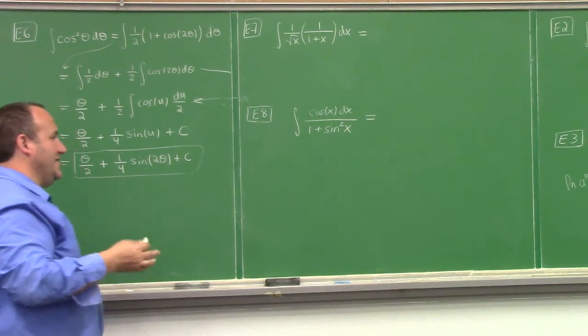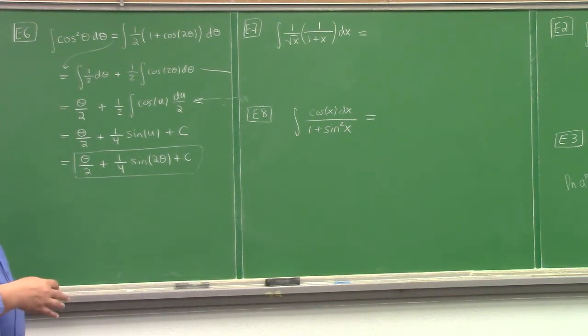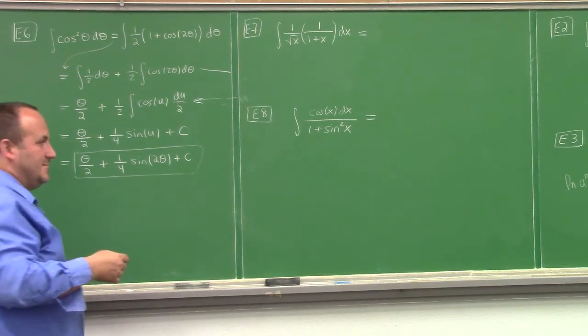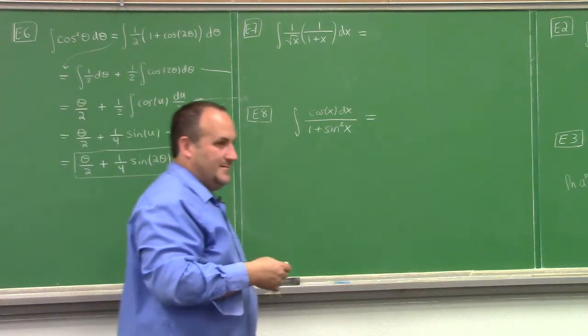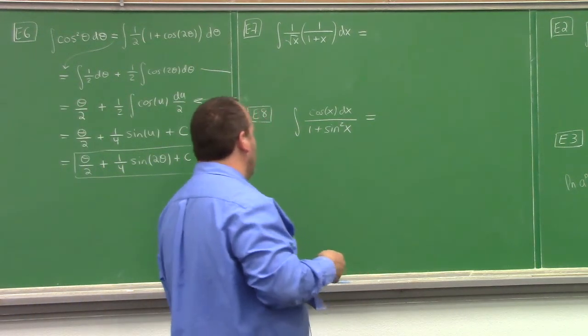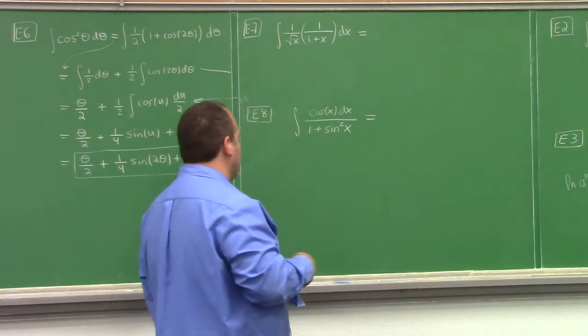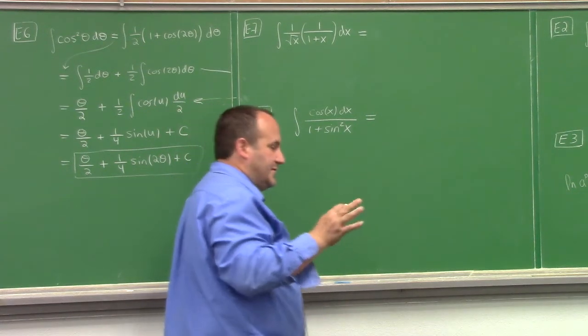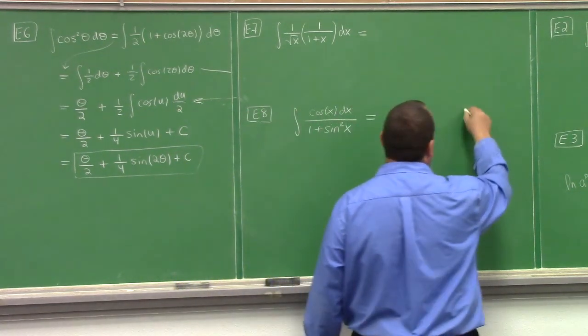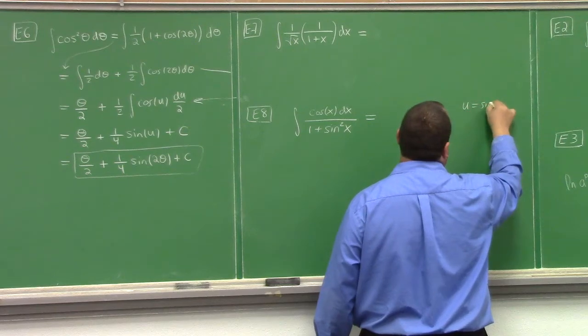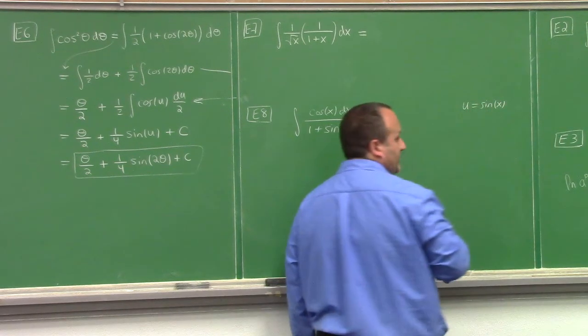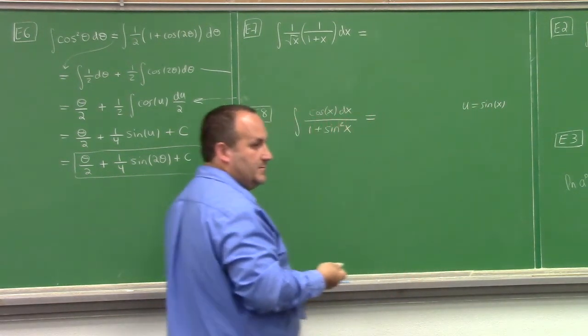Well, but if you make u equal to cosine, then you still have to face the sine downstairs. I'll help you guys out. So if we make u equal to sine x here, good things will happen. If u is sine, right?